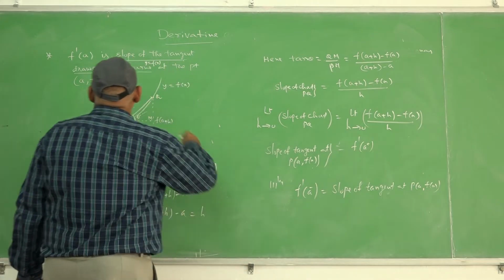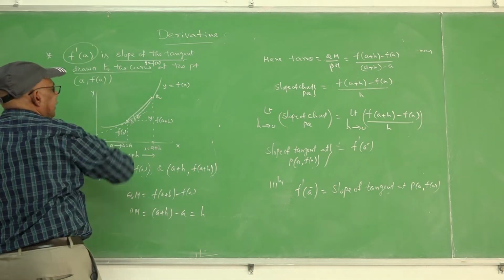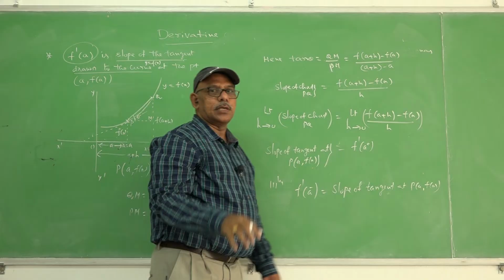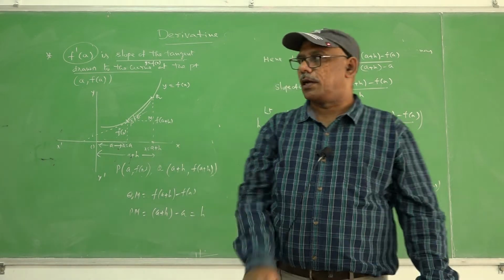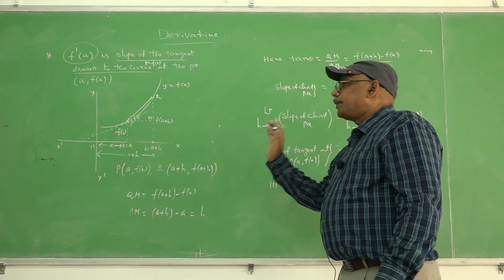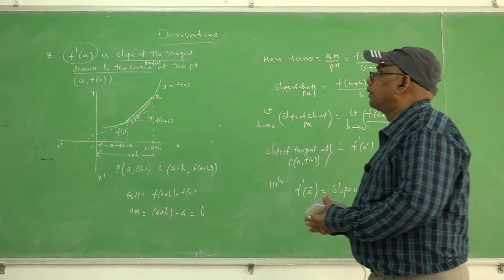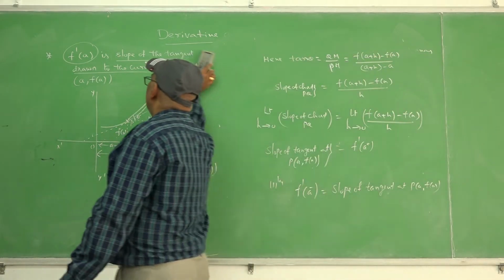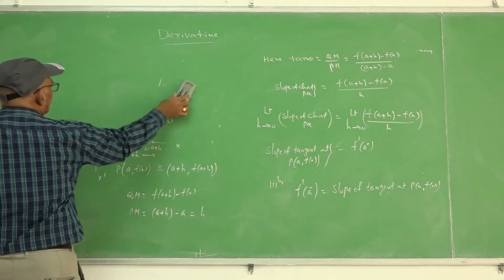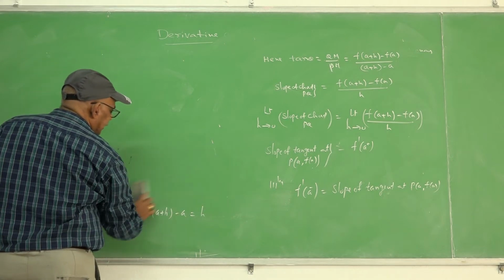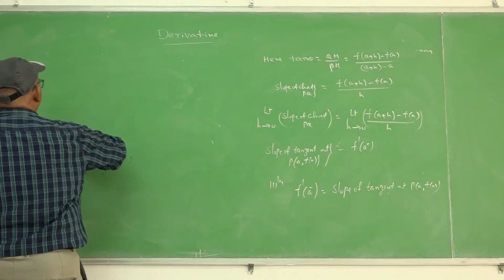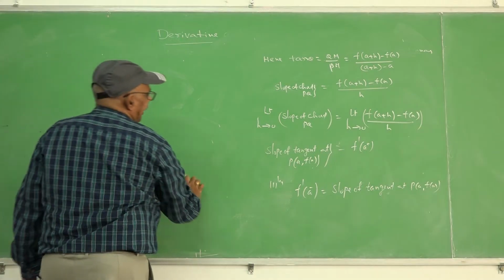Hence f dash a always gives us the slope of the tangent of the curve y equal to f x at that particular point. Derivative geometrically always gives us the slope of the tangent at that particular point.